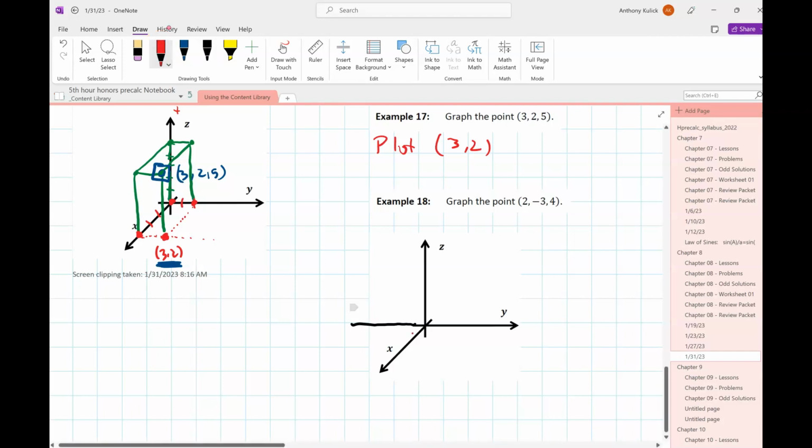I'm going to put 2 tick marks on the x-axis, and then 3 tick marks on the y-axis. And so that's going to be my point 2, -3.